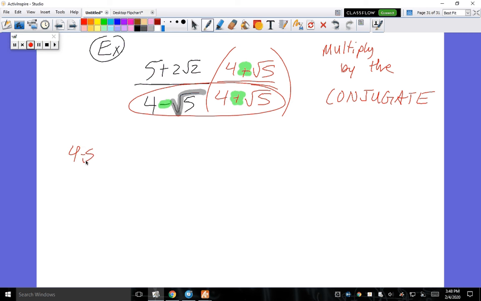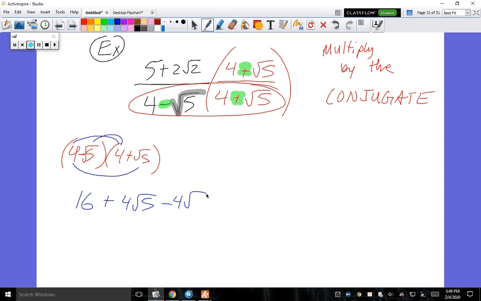Nice. Difference of squares, and look what happens. 4 minus root 5, 4 plus root 5. Again, this is what you're doing next time we see each other anyway, so get a little practice. We get 16. What's the outside term? Positive 4 root 5. What's the inside terms?